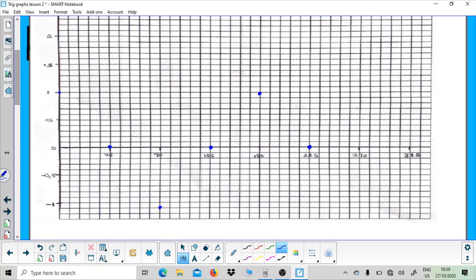An interesting graph, really. 270, we are on -1. Okay, and then on 315, lastly, we are on 0. So let's just quickly sketch this one and see how it should look.